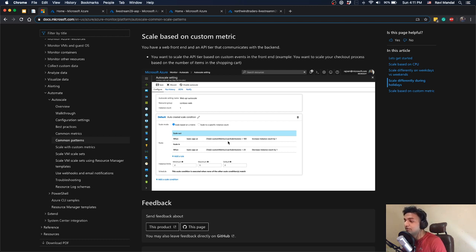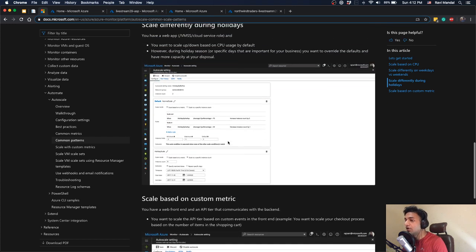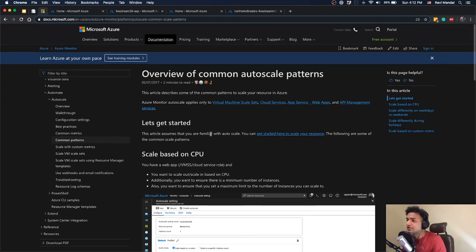This way you can scale your application based on your need, and you don't have to worry about doing it manually. You can auto scale it however you want, depending upon the use case scenarios and your application. These are a few auto scaling patterns in Azure App Service.